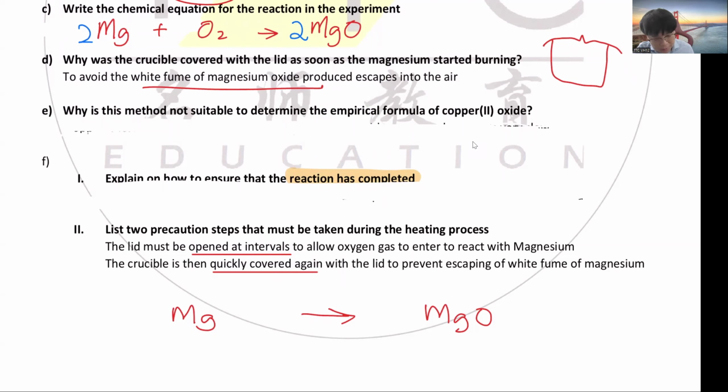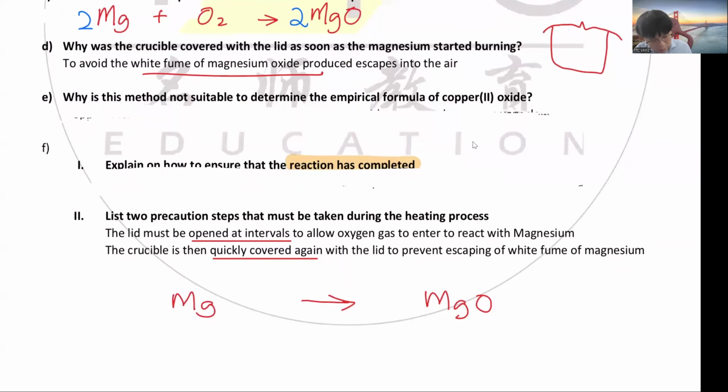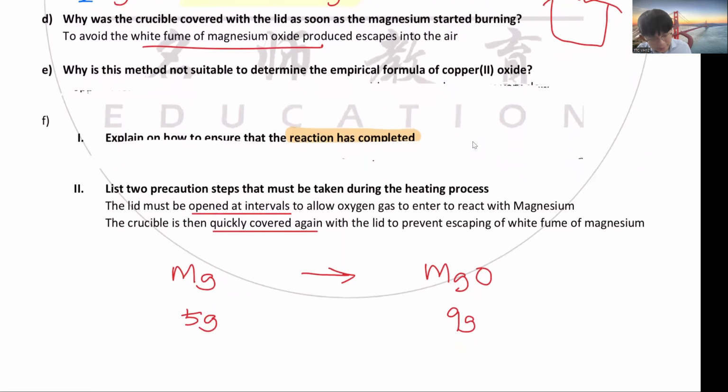So explain how do you ensure the reaction is complete. Now we started with, let's say, 5 gram, then this is 9 gram. So how do you make sure the reaction is complete? When you heat, you will go from 5 gram to 9 gram. If not complete, it might be 6 gram, 7 gram, or 8 gram.